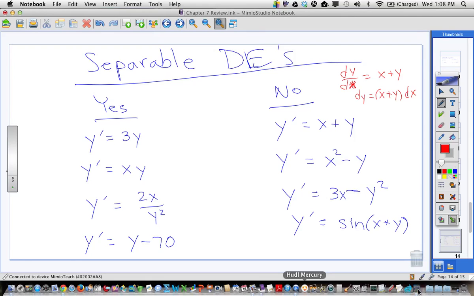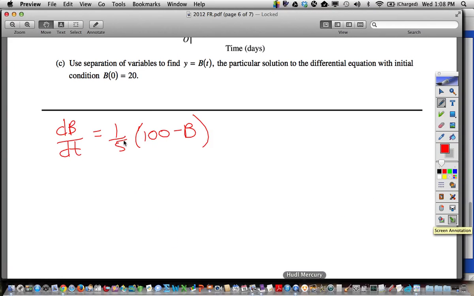So if we come back to this, all right, we need to separate this. Well, the first step is to move the dt over there. So we get dB equals 1/5 (100 minus B) dt. Okay, so there's the separation of variables that we use. All right, now what? We want the B's on the left. So what should we do?